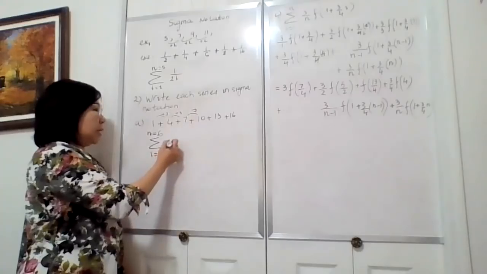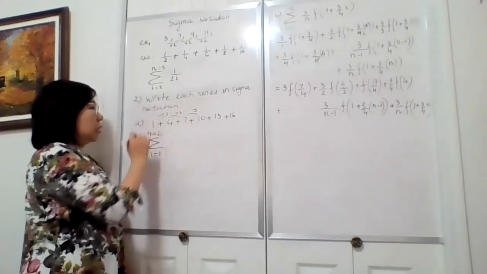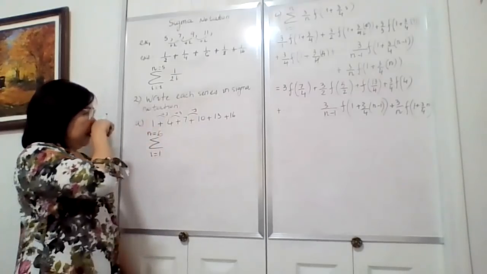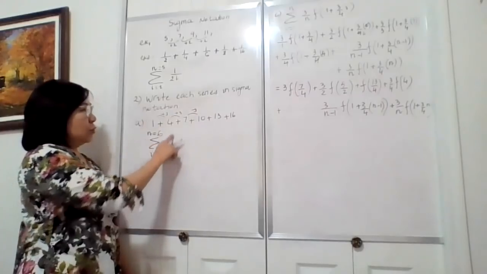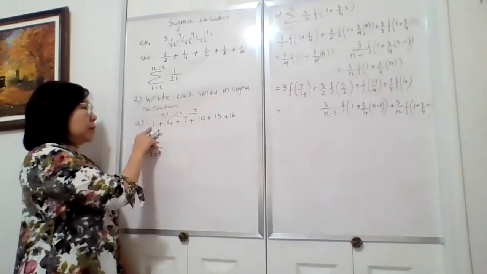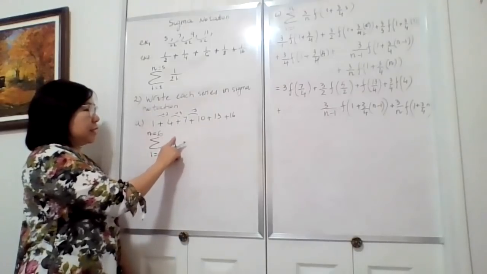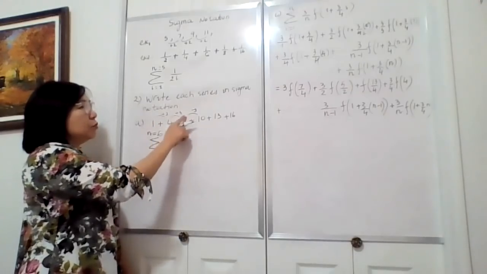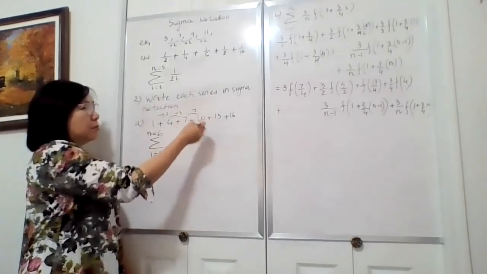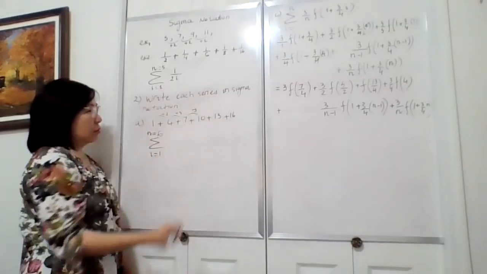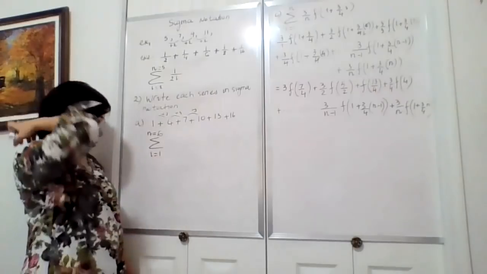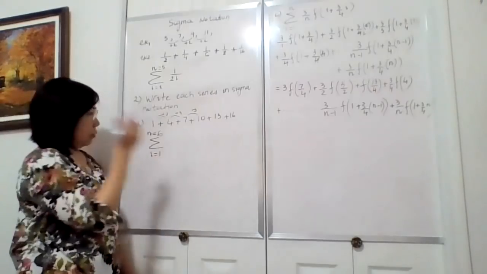But if we say 1 add 3, it's not going to give us 1, right? 1 add 3 will give us the second term, but what about the first term? So we cannot say this is i plus 3, even though we know the pattern is each of them adds 3. So we're going to have to figure out a little bit now.